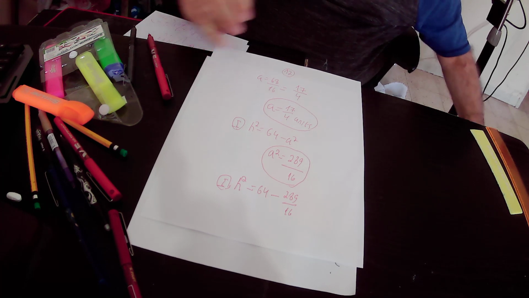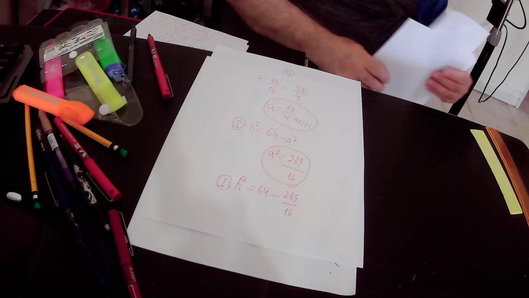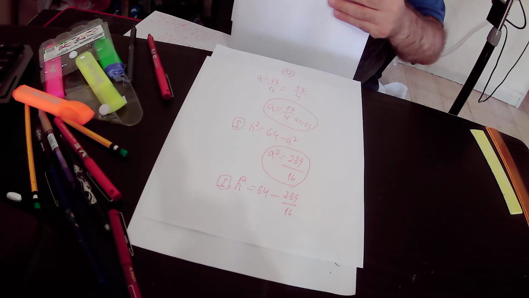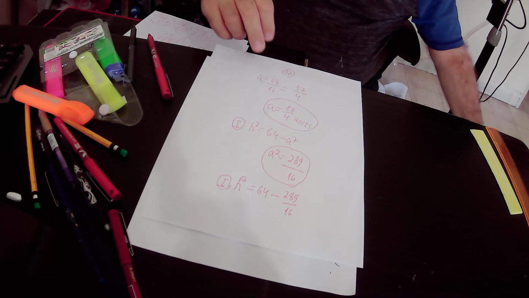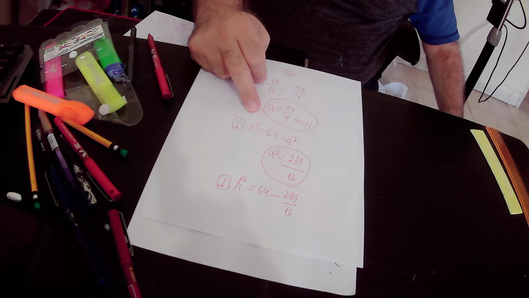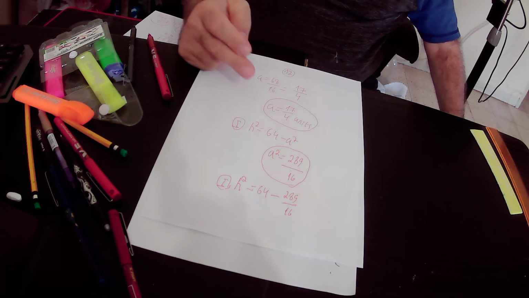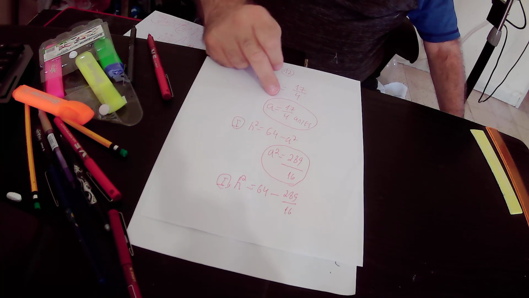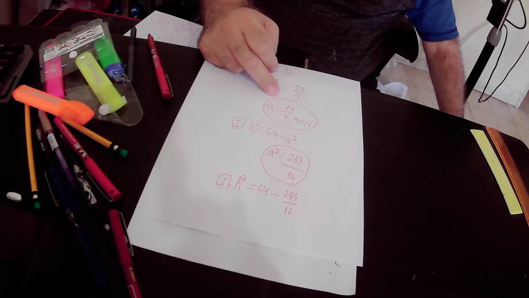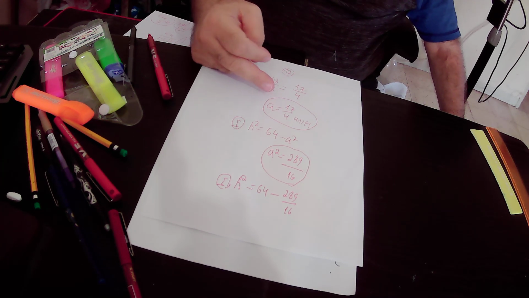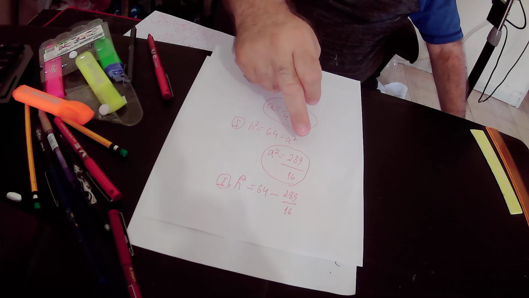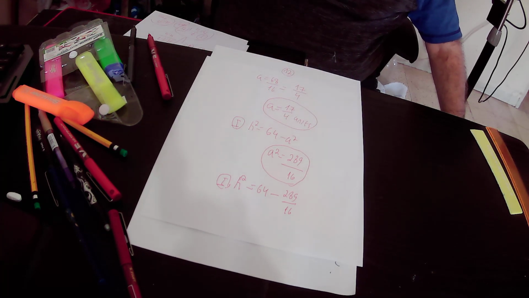And we have equation number 1 that states that H square equals 64 minus A square, and we have already found out that A equals 17 over 4 units, so we squared this equality and we got that A square equals 289 over 16.